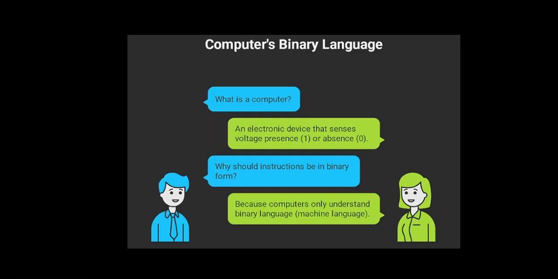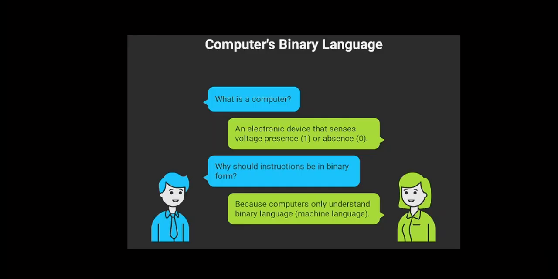So any command or instruction given to the computer will be in the form of ones and zeros, and hence the language understood by the computer is called binary language because it contains only two digits, 1 and 0. This binary language is also known as machine language because machine understands it.